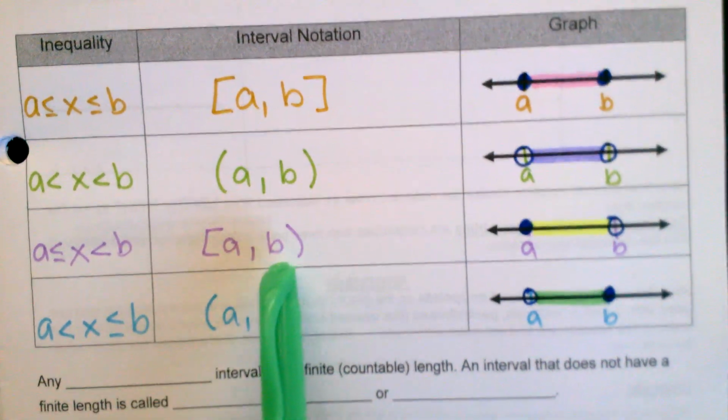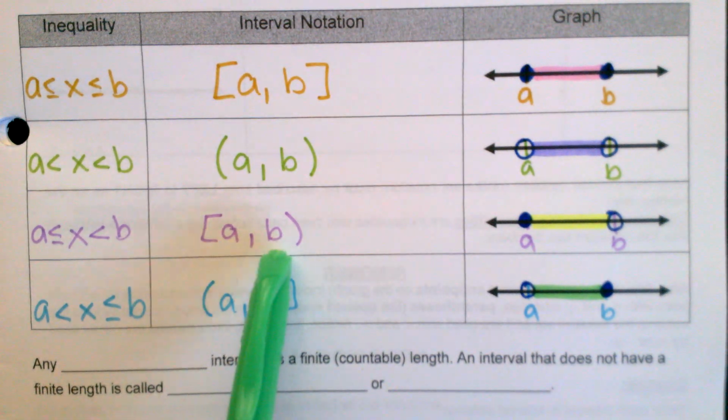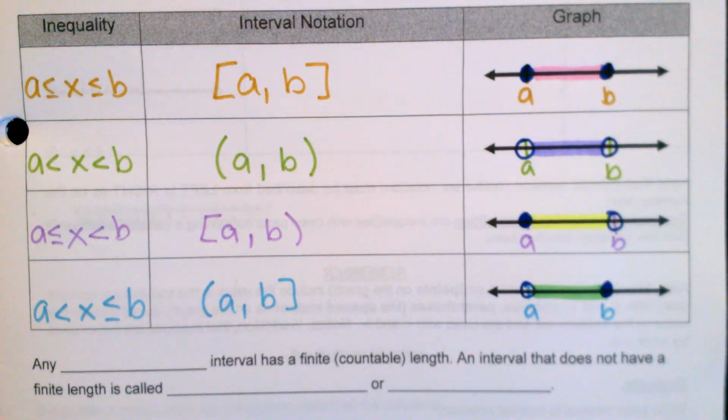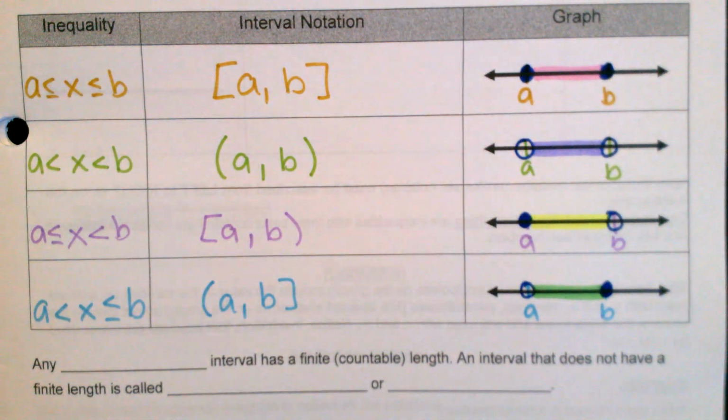A is included, B is not. Yes, A is included, B is not included. Okay, what about this one? B is included, A is not. Yep. So remember, order matters. Remember that each of the symbols represents something. Okay? All right, moving along.